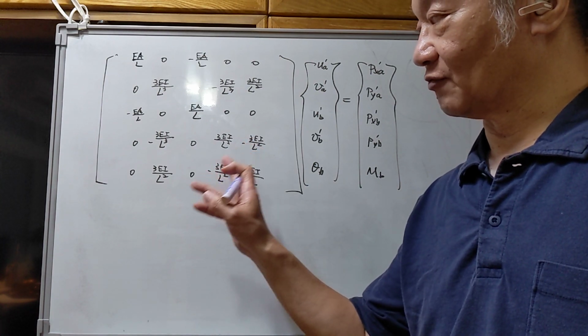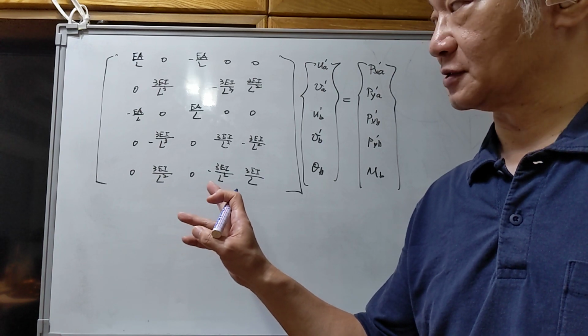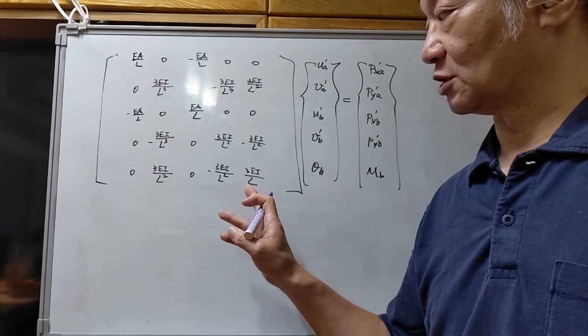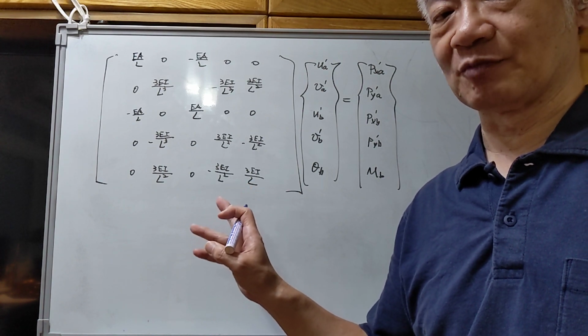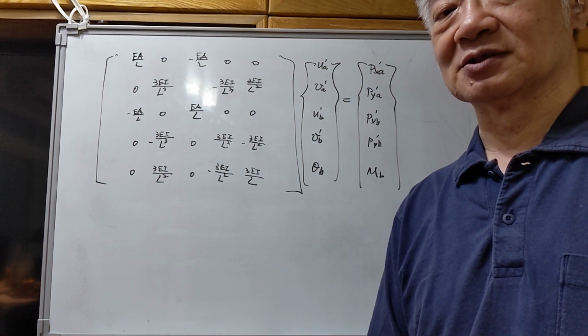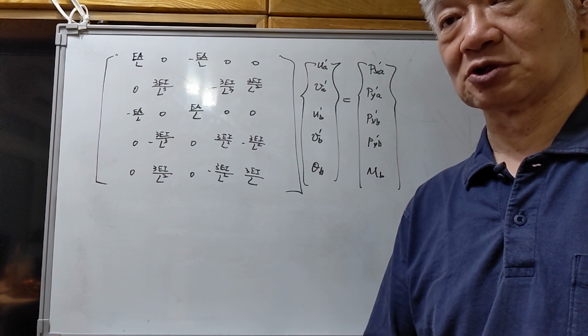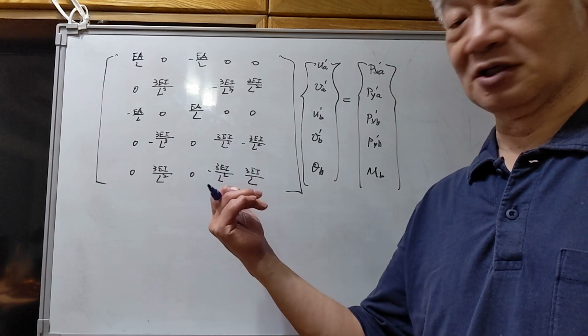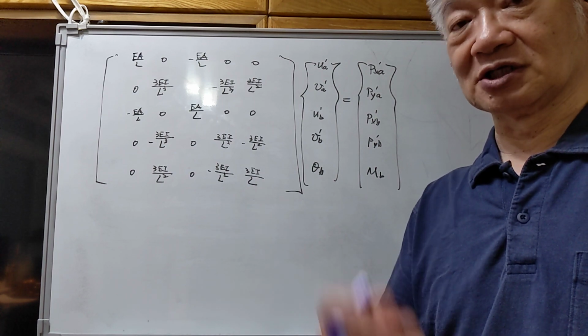If we use the static condensation for this element, the element stiffness matrix is only a 5 by 5 matrix, but for all other elements, the element stiffness matrix is a 6 by 6 matrix. So it will be a special condition.